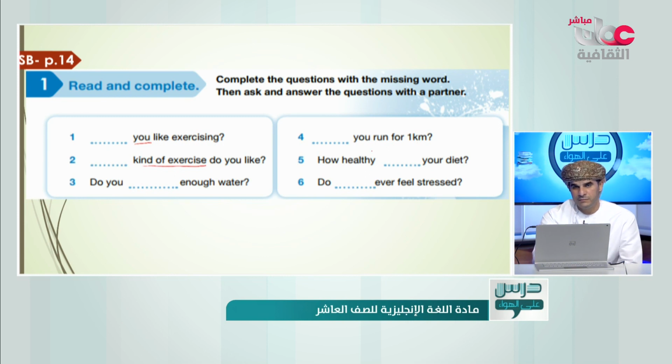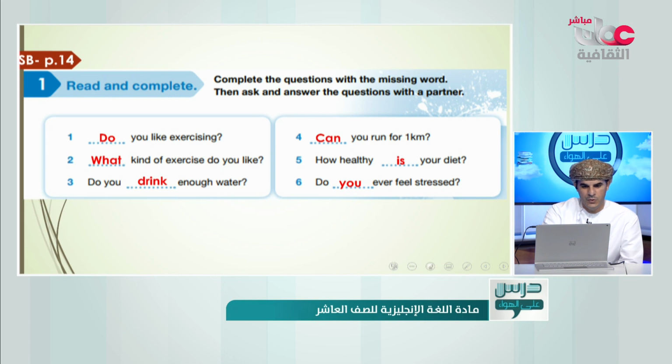For 1 kilometer, it's a yes/no question. How healthy your diet? Okay, do whatever feels stress. He is asking you, so do what? Okay, I believe that you have done this activity. Let's see the answers.